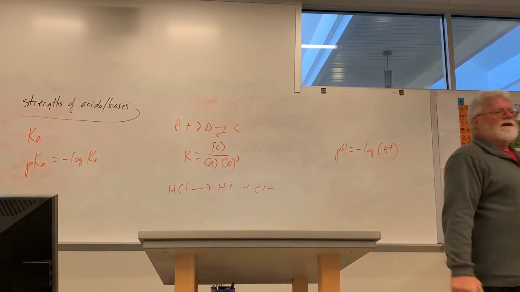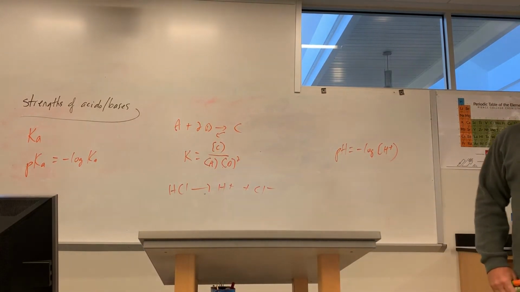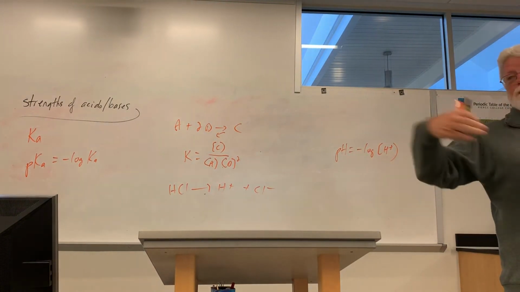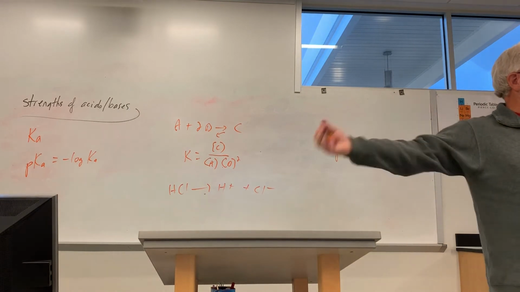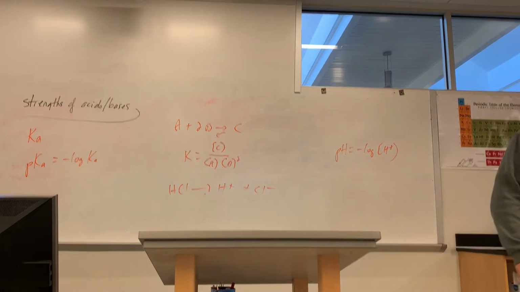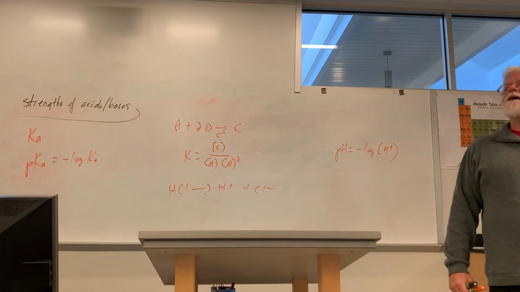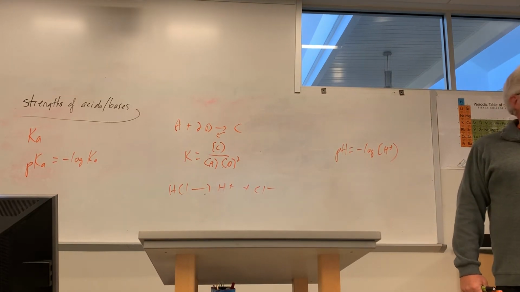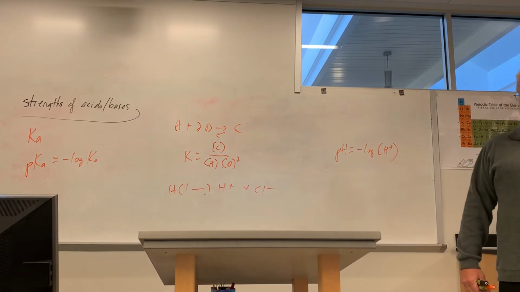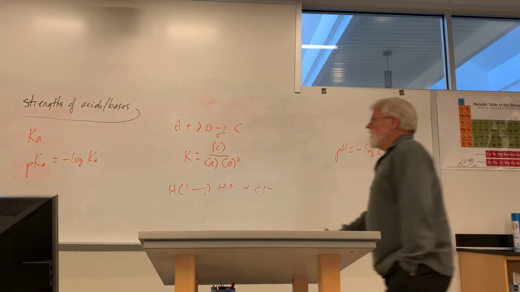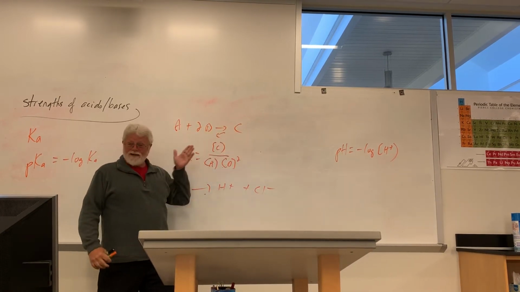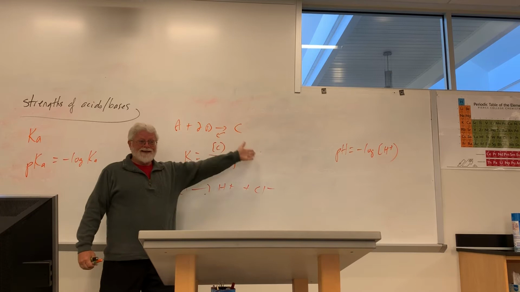So if we're dealing with a strong organic acid, which again doesn't mean one that's completely dissociated, but one that's more dissociated than most, if we're dealing with a relatively strong organic acid, pKa will be, one word answer, small. If the Ka is large, that means significantly to the right the reaction lies.